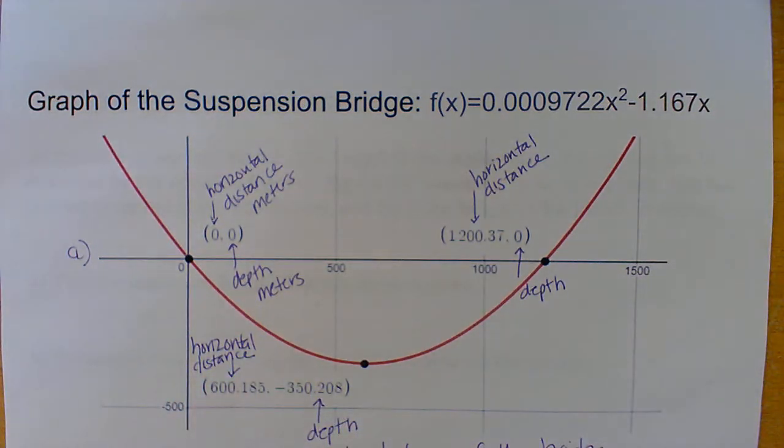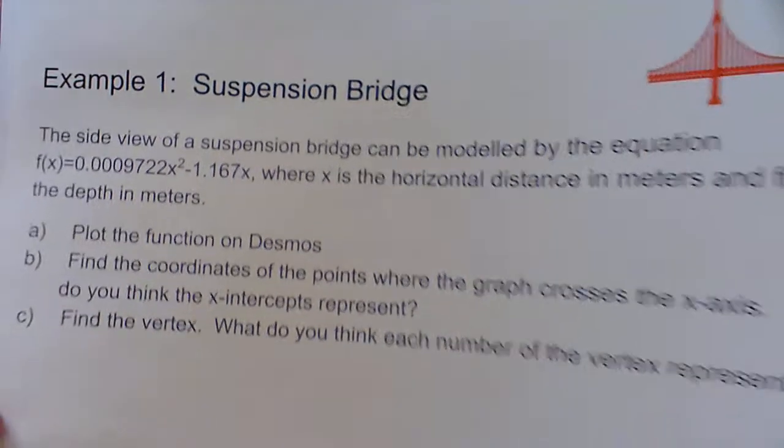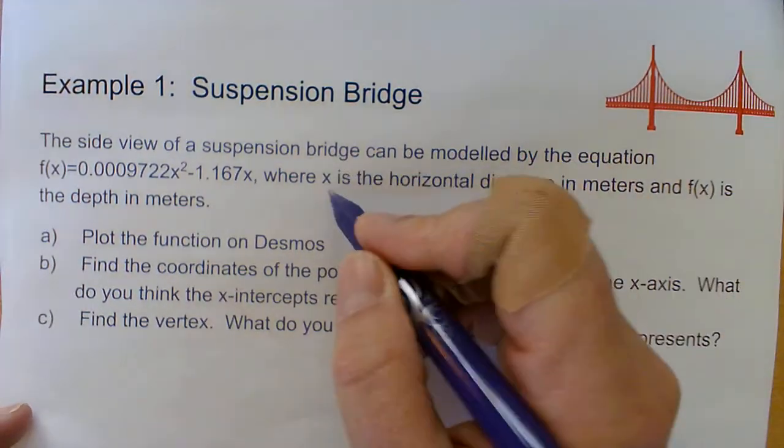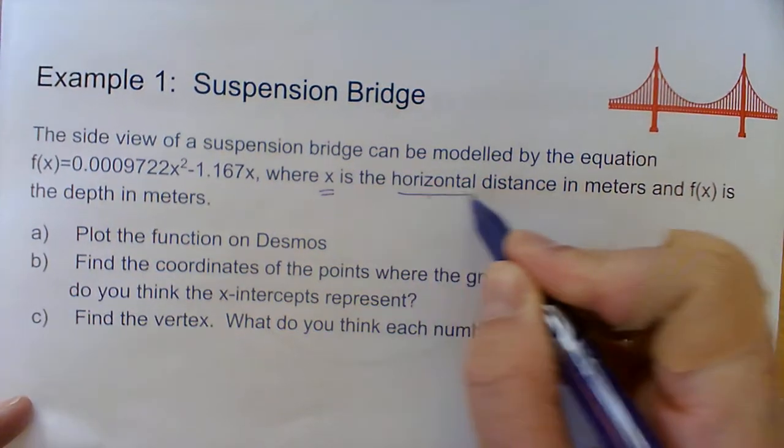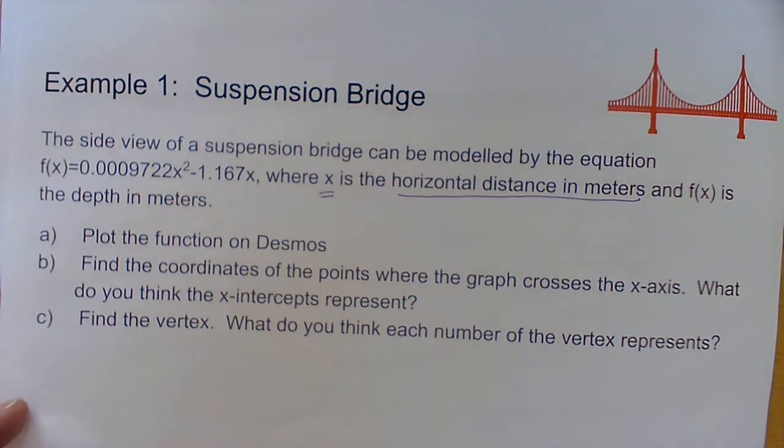Now what I have done is I have labeled each part, and on each one of my Desmos pages I have done that because it's so important to know what x and y represent. So let's quickly go back here. I said, okay, x is the horizontal distance in meters.